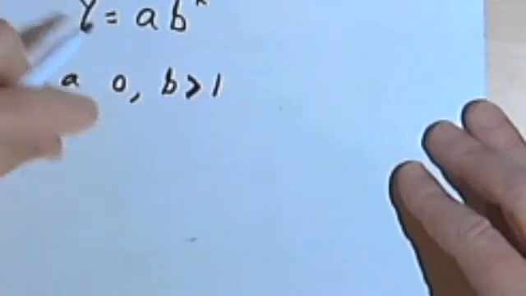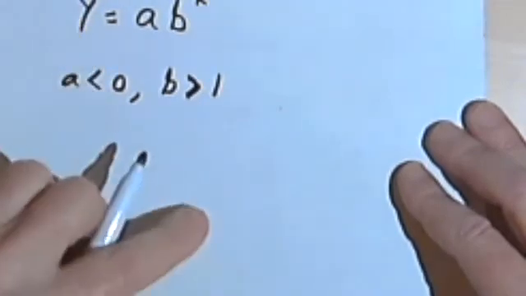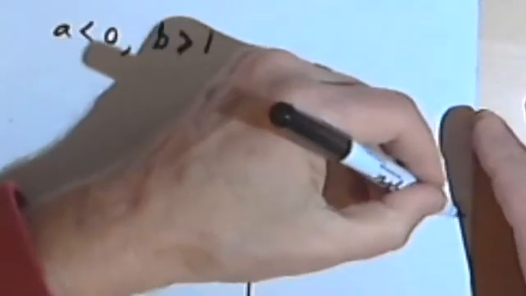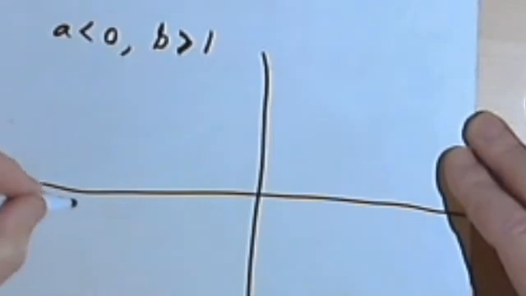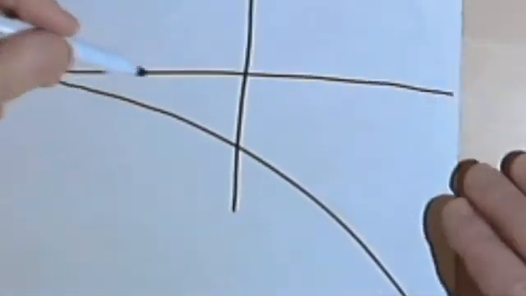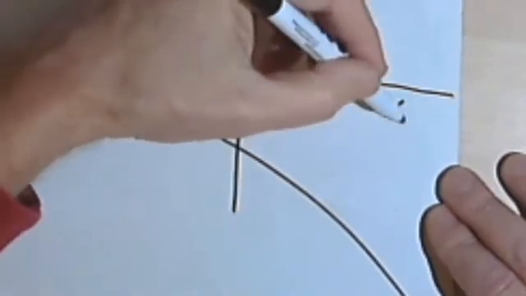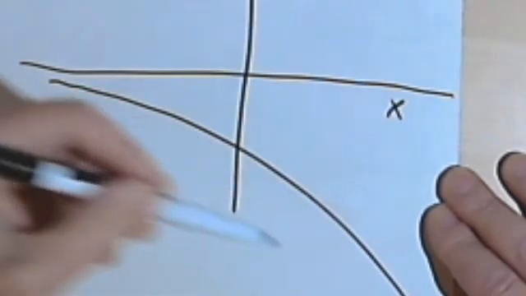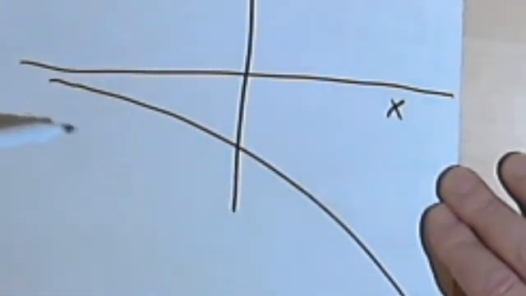Okay? Now, let's see what we should change. What happens when a is less than 0? Remember, we were able to have negative numbers there. So all that does is it takes the curve we had before and it flips it over. It flips it across the x-axis so that everything is below the x-axis and the curve sweeps downward as we go from left to right.